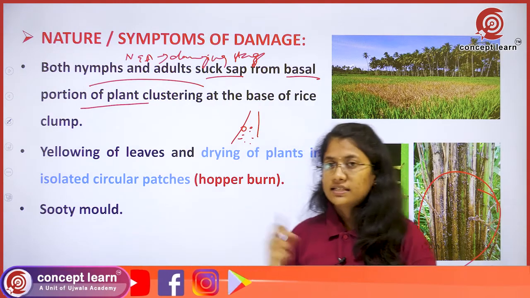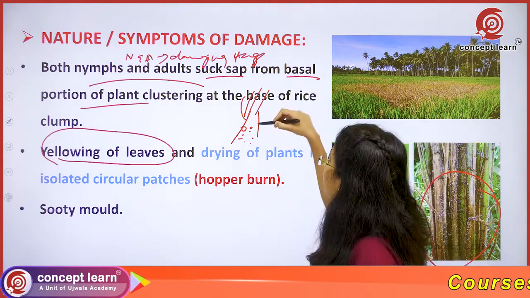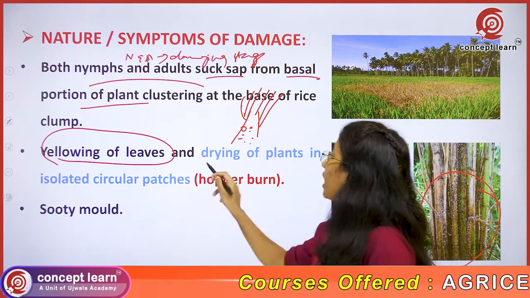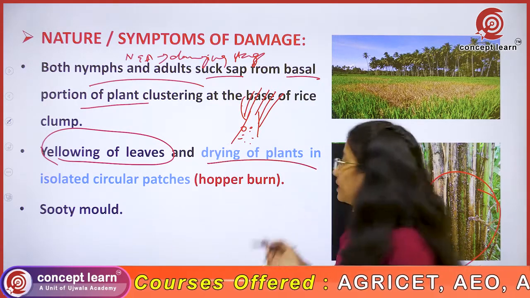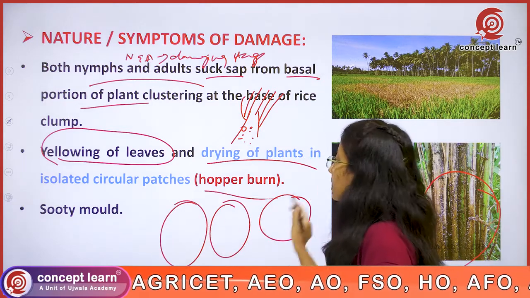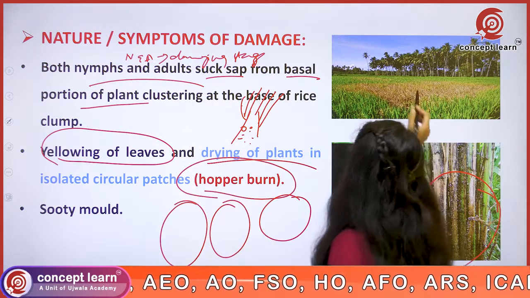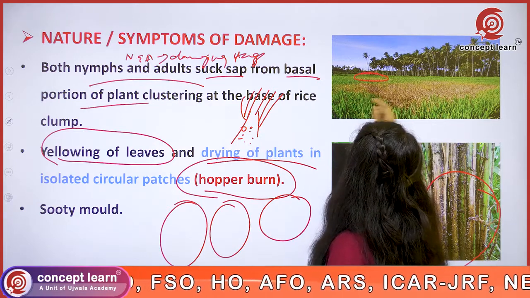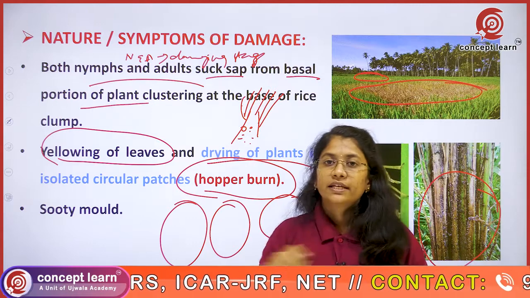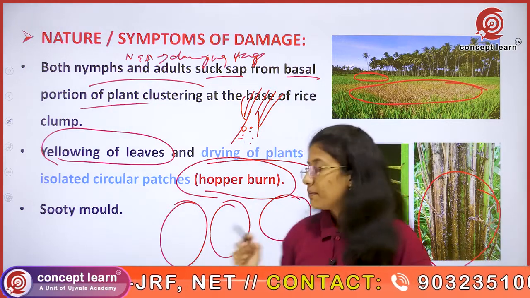They suck the sap from the plant, the tillers or the leaves. The plant turns yellow and finally dries in circular patches, which is known as hopper burn. Here you can see that the infestation of brown plant hopper usually spreads in a few circular patches.